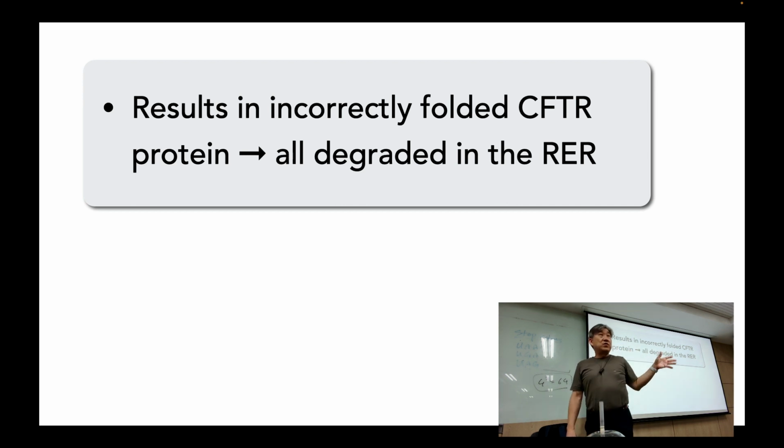So once again, without going any further, we can predict the consequence of this. Would this be a recessive or dominant mutation? What do you think? Will it be recessive or dominant?